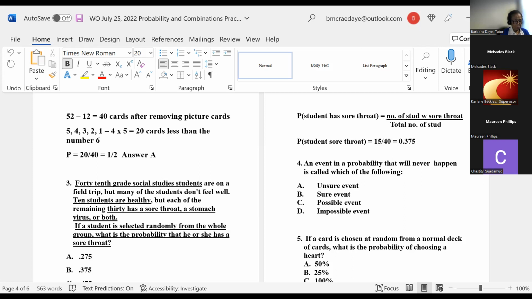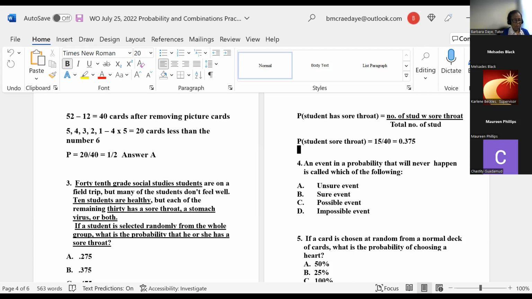But each of the remaining 30 has a sore throat, a stomach ache, virus, or both. If a student is selected randomly from the whole group, what is the probability that he or she has a sore throat? I'm looking for the word half of the students. I don't understand how you get the 15.